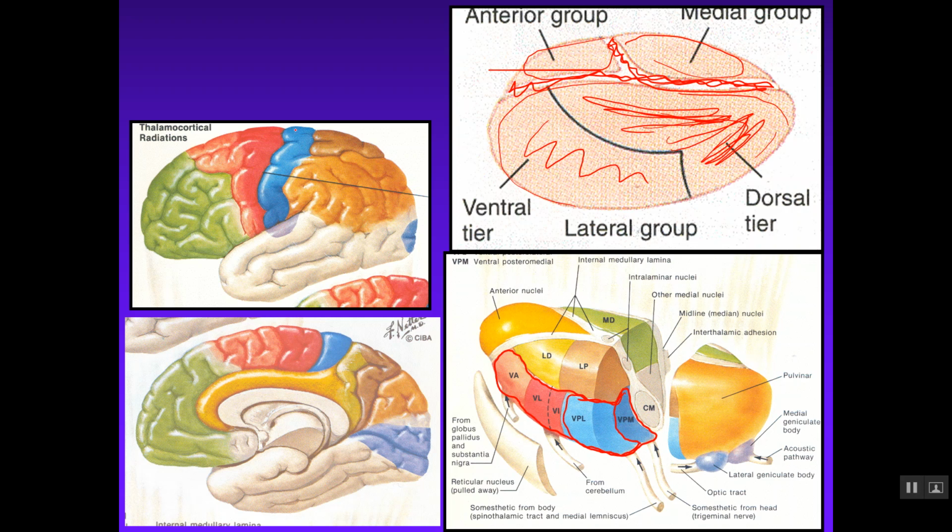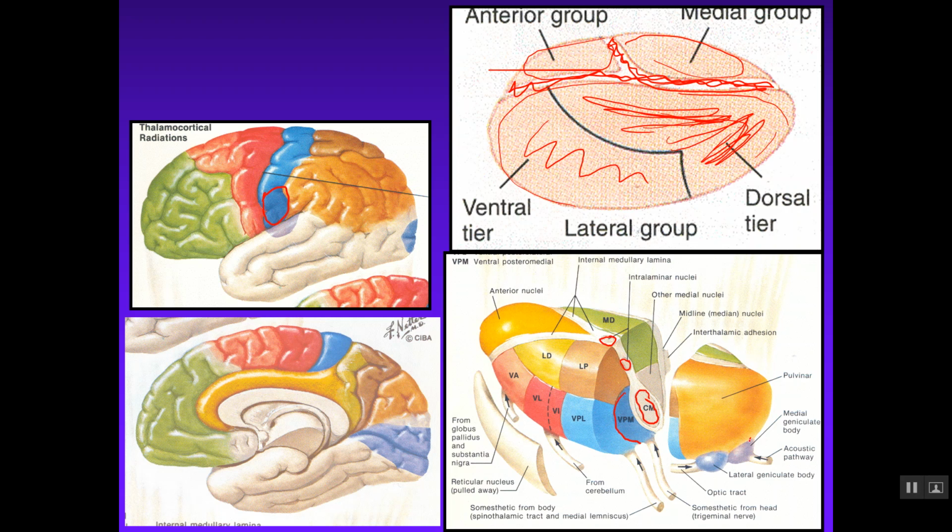You can see that information gets to the primary sensory strip. The darker blue, which is the VPM, is associated with your face. These are the interlaminar nuclei. There are some little nuclei scattered throughout that lamina, which is what they mean by the interlaminar nuclei.